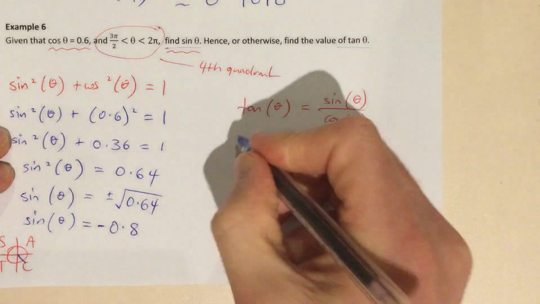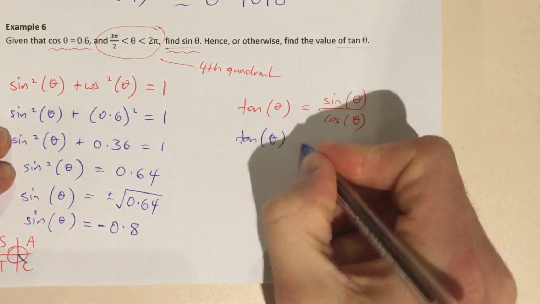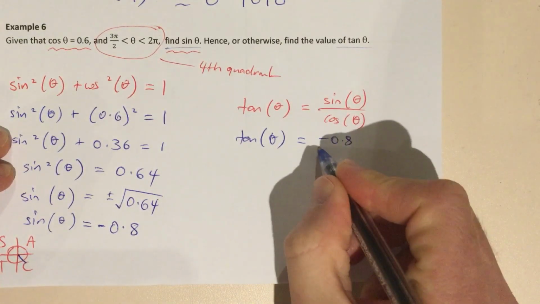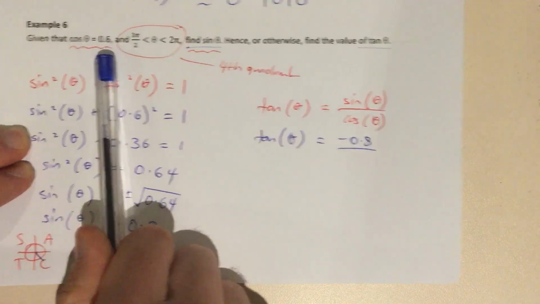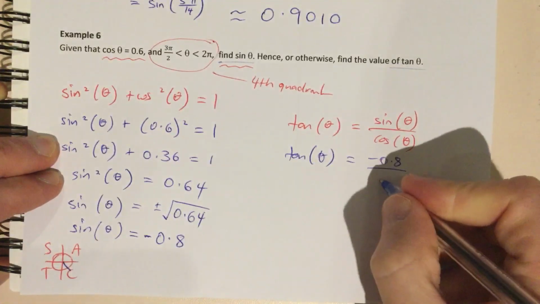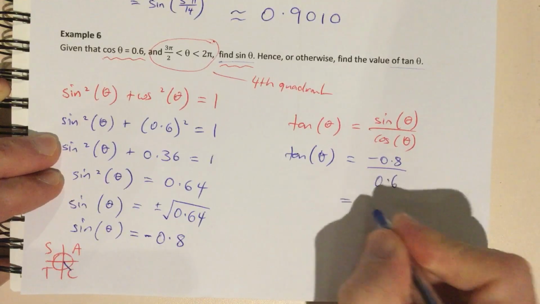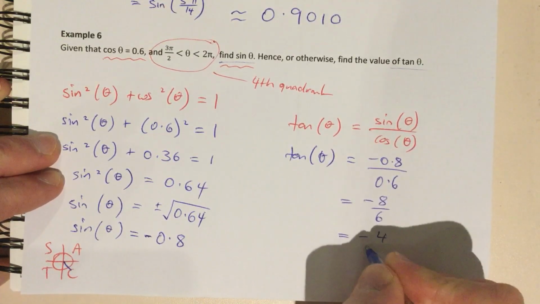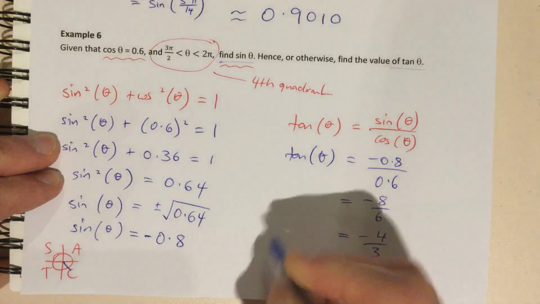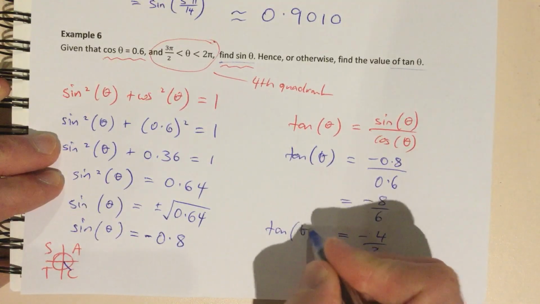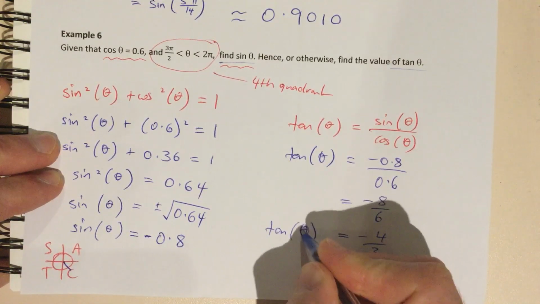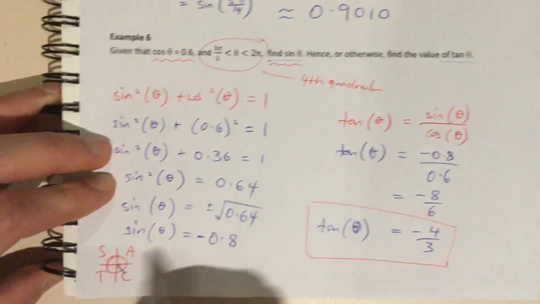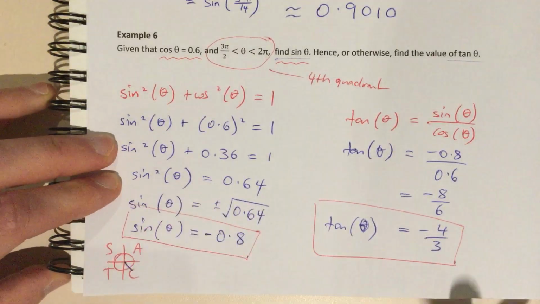So for tan theta in this question, that's just equal to negative 0.8 over 0.6, which was given to us in the question, which is really negative 8 over 6, which is negative 4 on 3. So tan theta equals negative 4 on 3, and sine theta was negative 0.8.